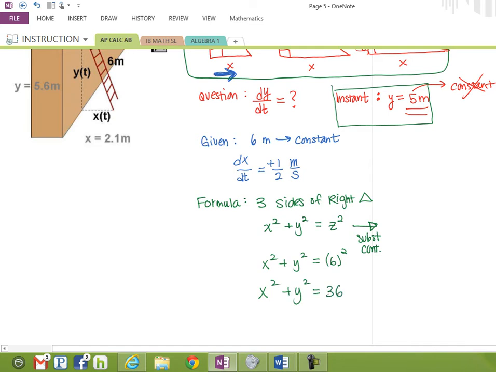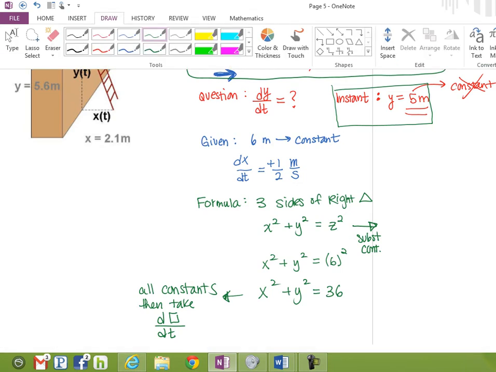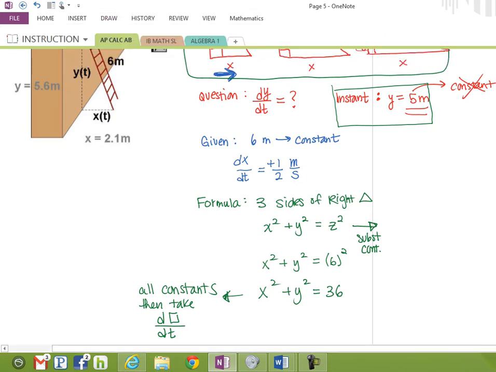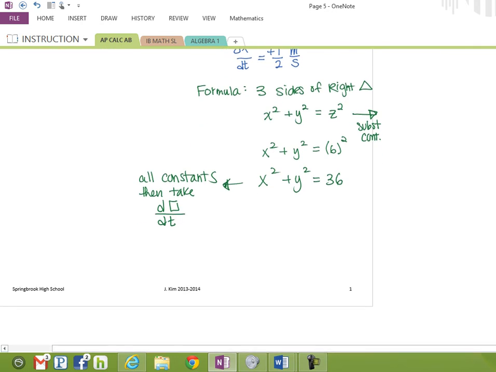And once we've substituted in all the constants, all constants are in, the very next step is then take the derivative with respect to t. So we're going to take the whole entire equation and take the derivative with respect to t. So we had a little practice with this. So 2x dx dt plus 2y dy dt is equal to 0.